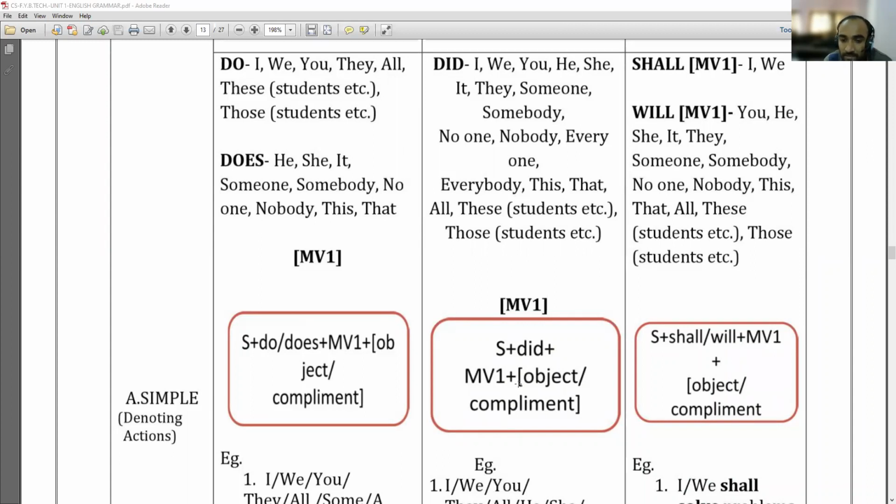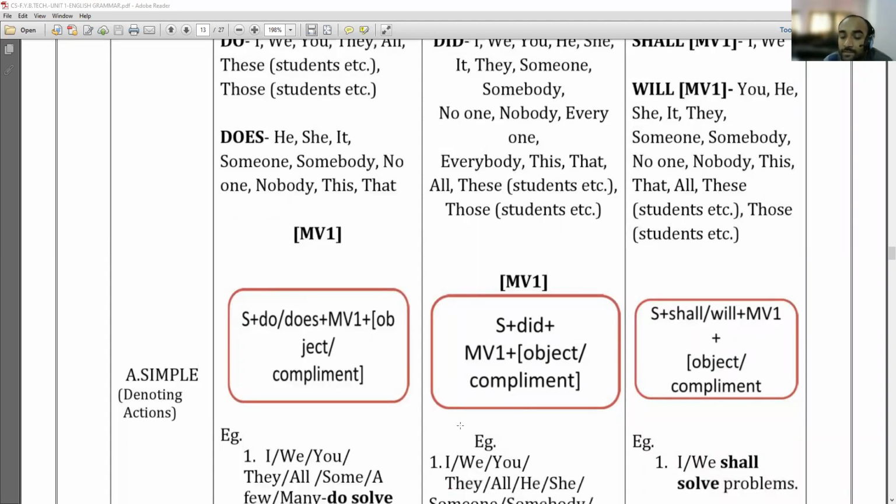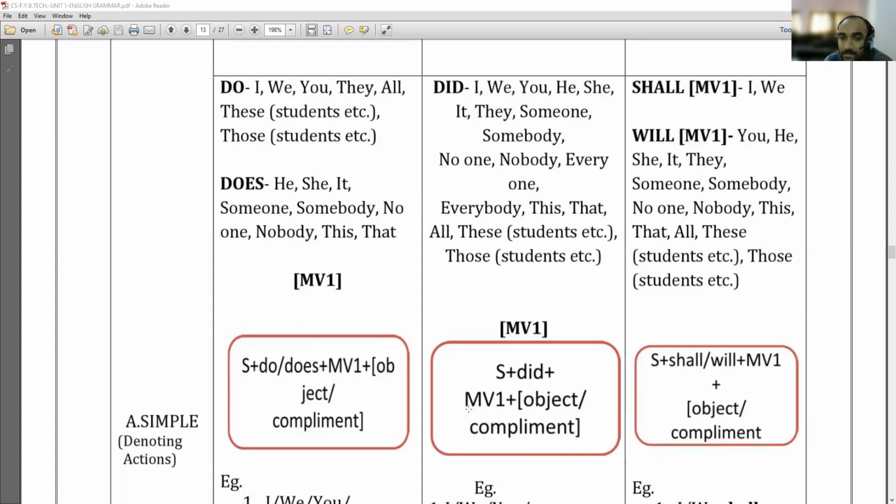Subject plus did plus mv1, that is first form of the verb, plus object or complement, or we can merge did in the main verb, that is we have to add ed suffix in the main verb. How to merge did in the main verb? Just we have to add ed suffix to the main verb. So subject plus did plus mv1 plus object or complement.